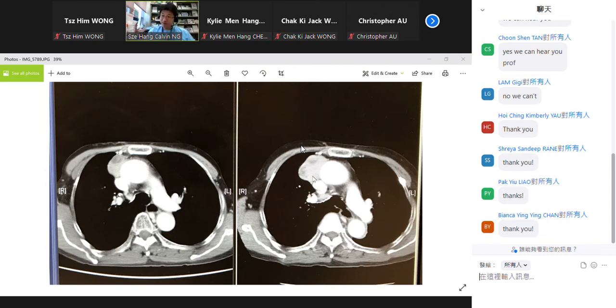But thymoma is the only tumor I know that when you see bits of calcium inside, it suggests that it's more likely to be a thymic carcinoma. So this is a very interesting fact. If you can find another tumor in the body that behaves in the same way, where calcification suggests it's more malignant, then let me know. But thymoma going into a thymic carcinoma is the only tumor I know that calcifications mean bad, means carcinoma.